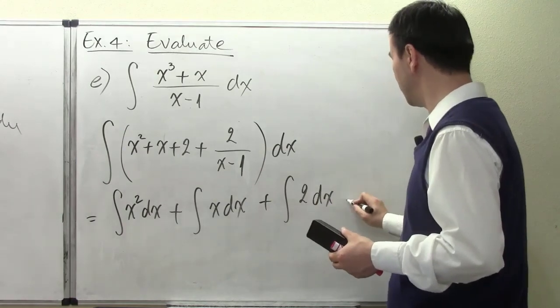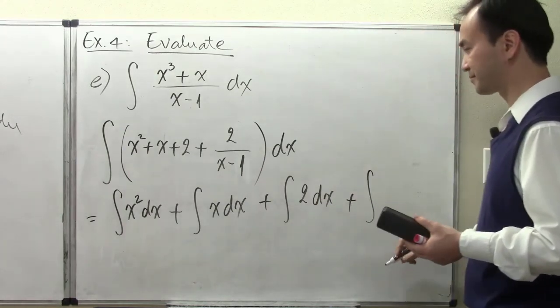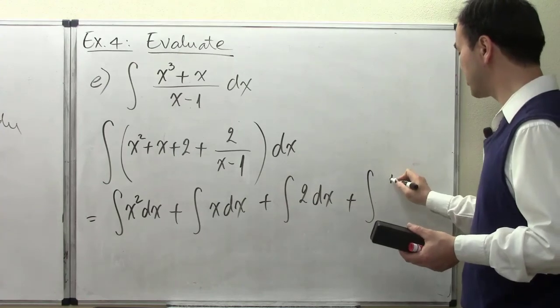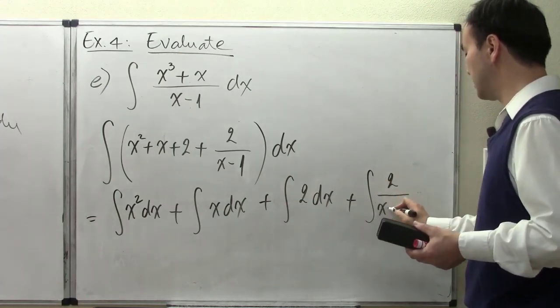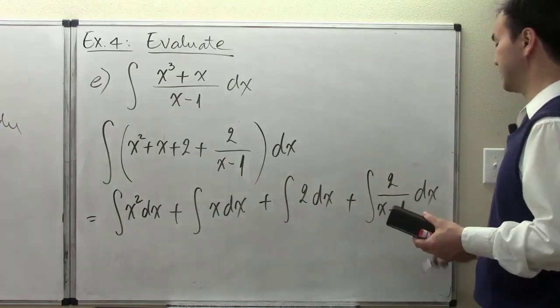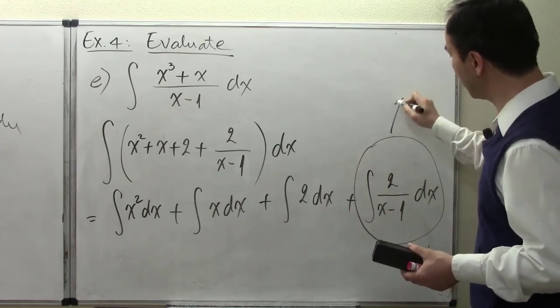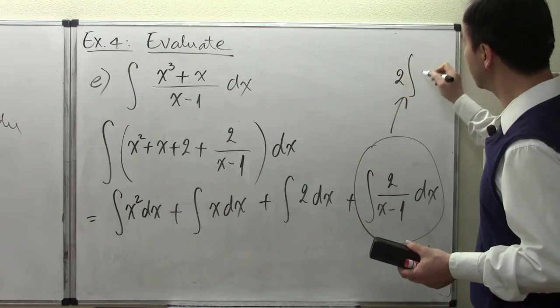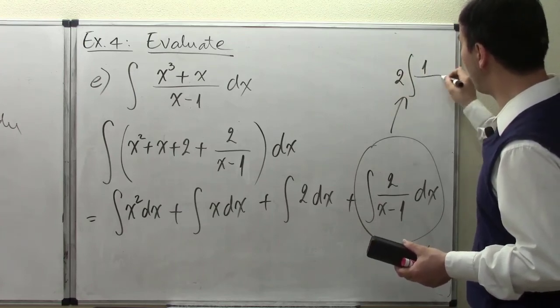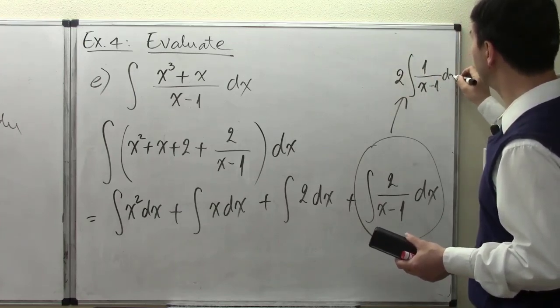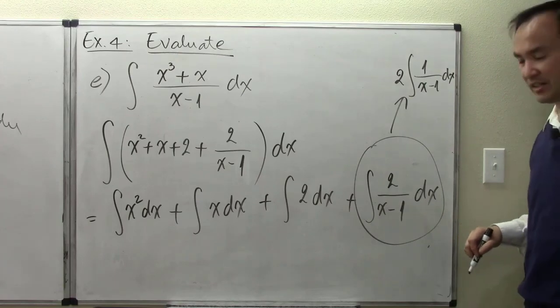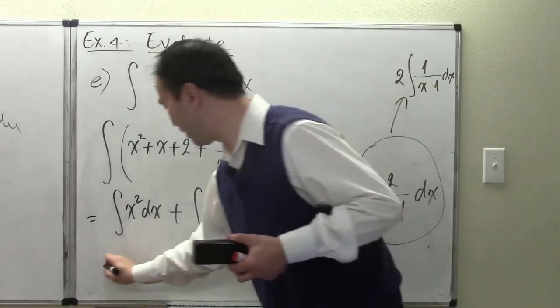Okay, and I can do a separate one for this fraction 2 over x minus 1 dx. Okay, and notice this here can be written as 2 times the integral of 1 over x minus 1. That's to make it easier. Okay, so now one by one.